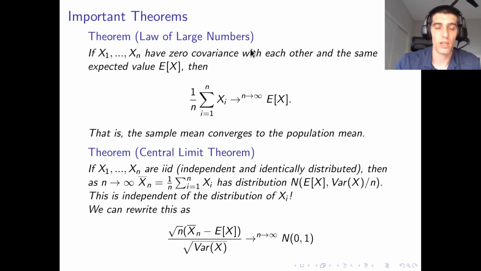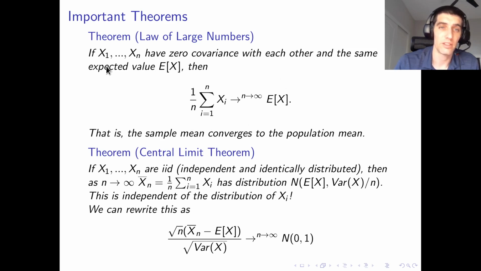So some important theorems, not just some important definitions and facts. The first one is the law of large numbers. The law of large numbers says that if x1 through xn have 0 covariance with each other and the same expected value, then the sample mean converges as n goes to infinity to the expectation of x.